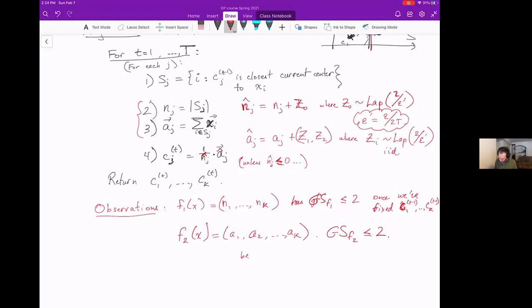That's because, once I've fixed the previous cluster centers, changing an xi subtracts one term from one bin and adds another term to a different bin.